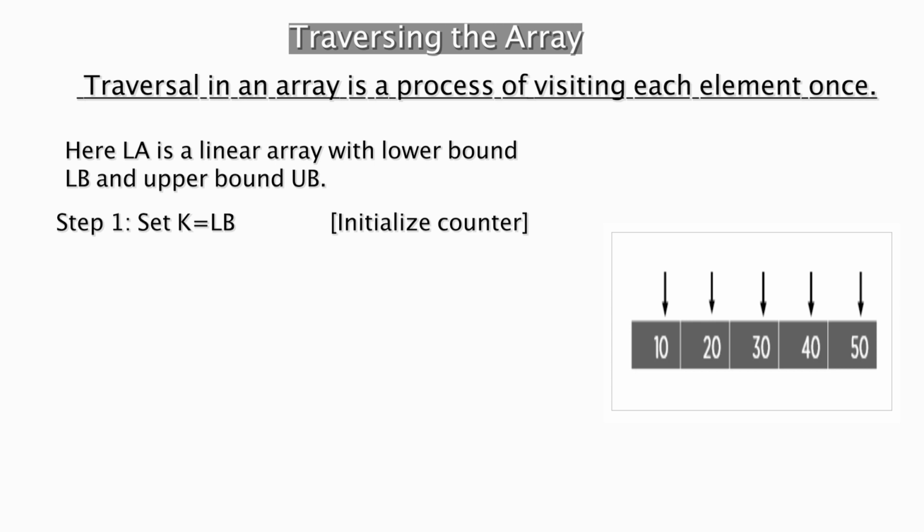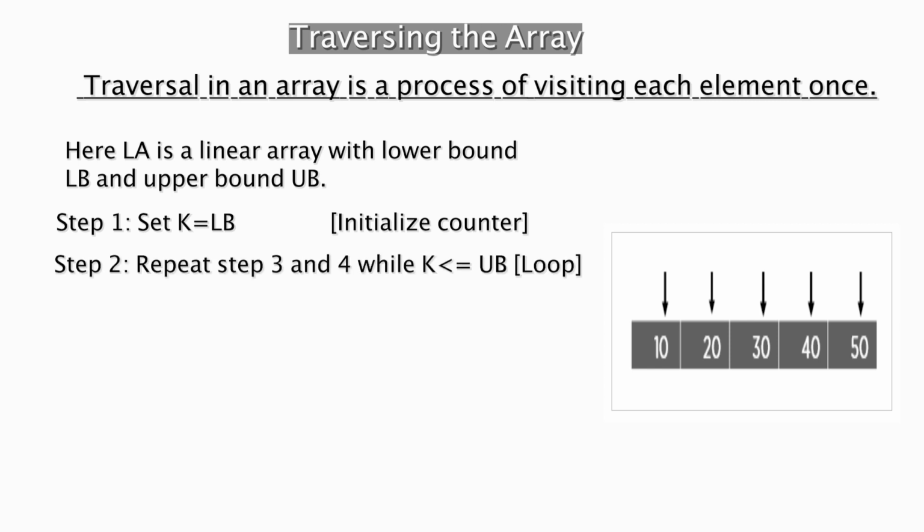When you feed any item inside the memory of an array, automatically lower bound and upper bound will be created. The lower bound is the starting position and the upper bound is the end of the data elements. So we can start from lower bound, we assign a pointer k equal to lower bound. This is an initialize counter.